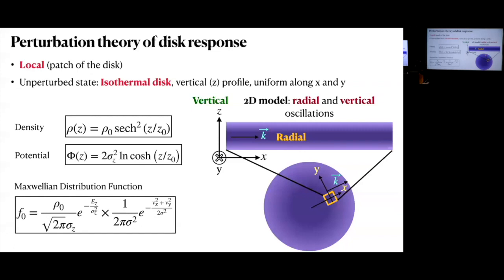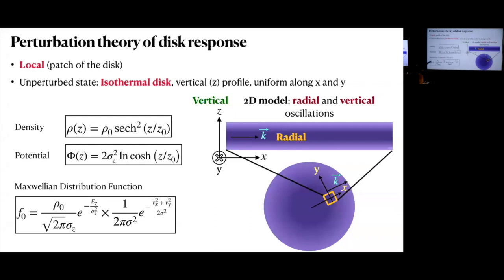In this case, we assume that the unperturbed disk is just an isothermal disk with a vertical density profile along the z-axis, but uniform along both x and y, where x is the radial direction. The density and the potential are given by these expressions. The density goes as sech squared, which basically decays with larger distance from the plane.